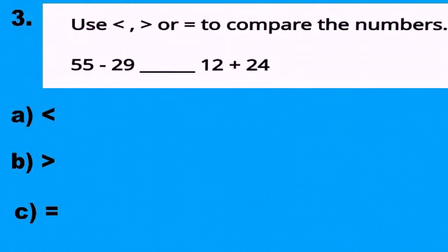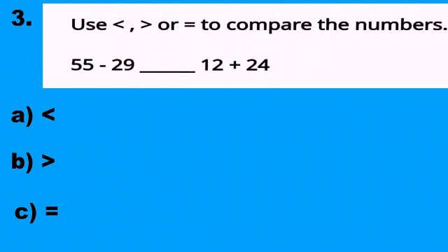Again, it's our third question and it is a very interesting question. Use greater than, less than or equal to compare the numbers. The numbers are given like this: 55 minus 29 dash 12 plus 24. Means on the left hand side it is written 55 minus 29 and on the right hand side it is written 12 plus 24.